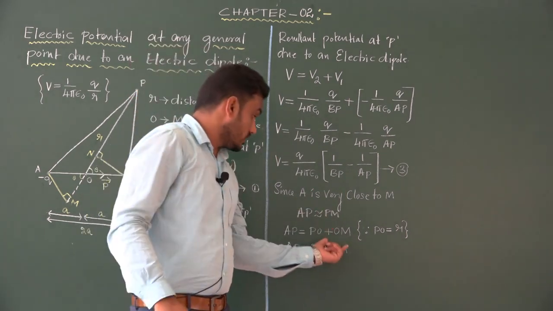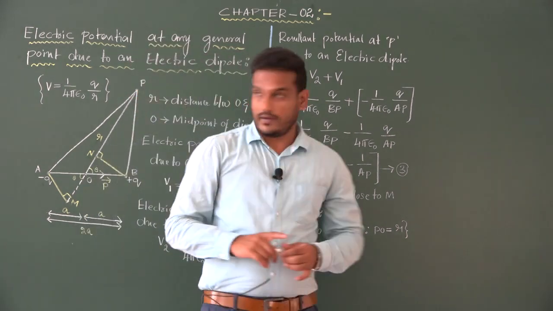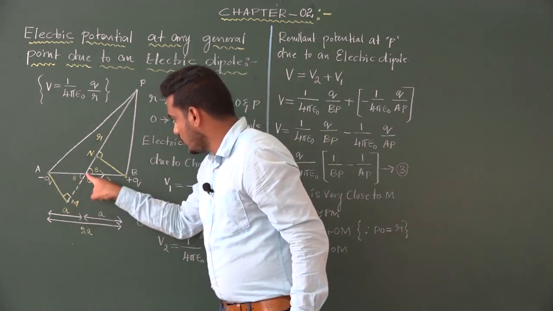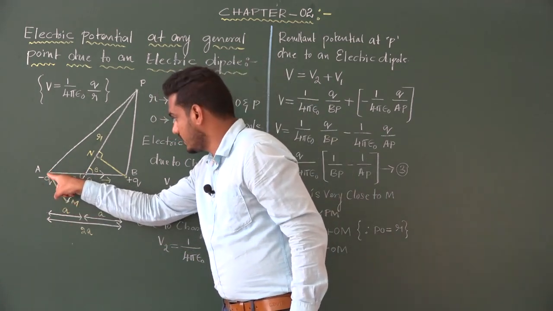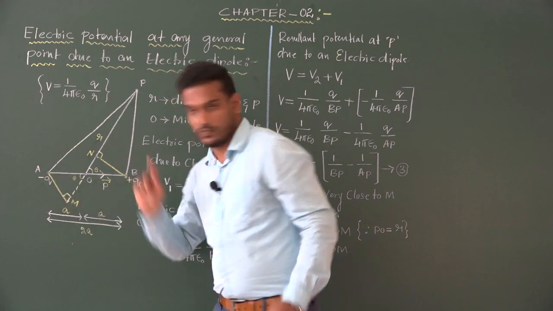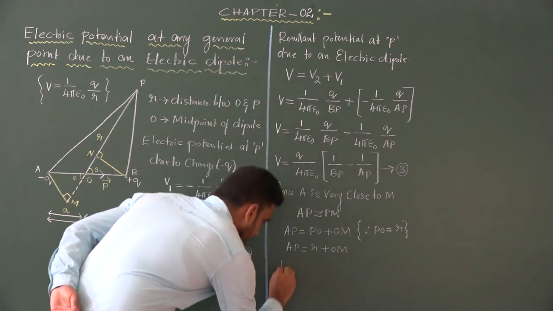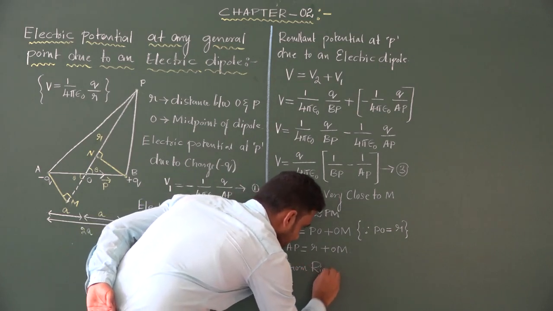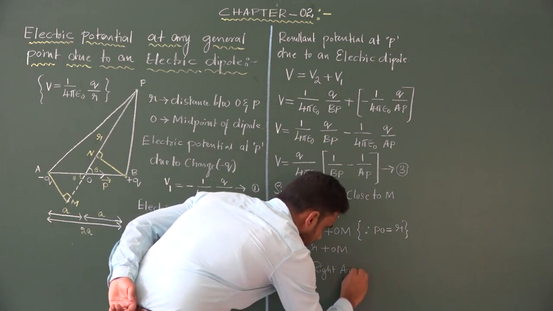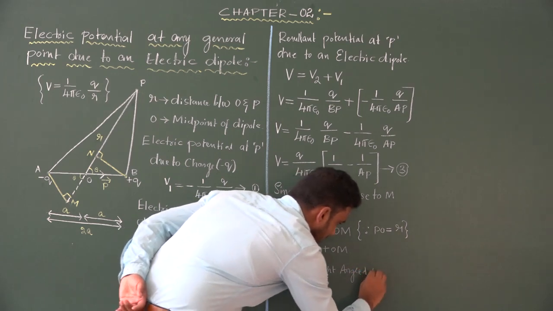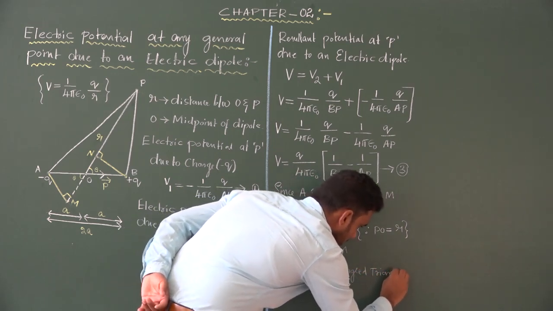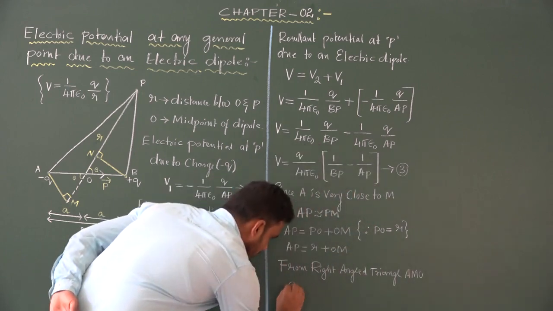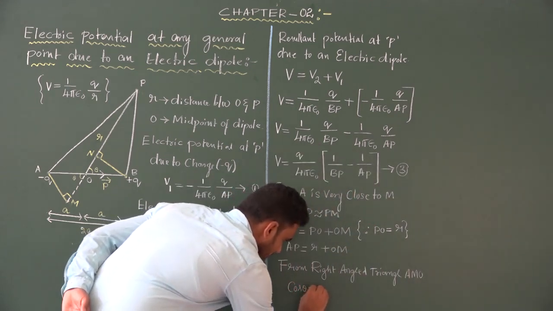But here we don't know the value of OM. To calculate OM, from the right angle triangle AMO, we are simplifying for cos theta.